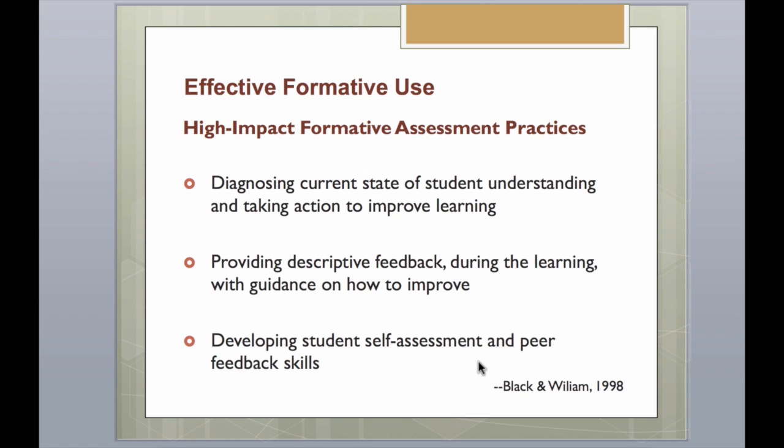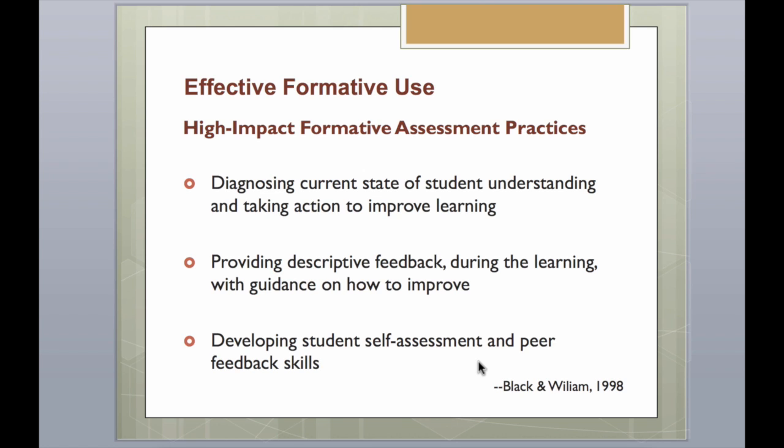Many of the practices that you're familiar with that fall under the banner of formative assessment are whiteboards, clickers, data-driven decision-making. Those fit into that category. However, there are other categories of high-impact formative assessment practices that involve the student more directly. And the first one is, as I'm sure you're familiar with, that we need to make sure we're providing effective feedback to students during the learning that offers guidance on how to improve.